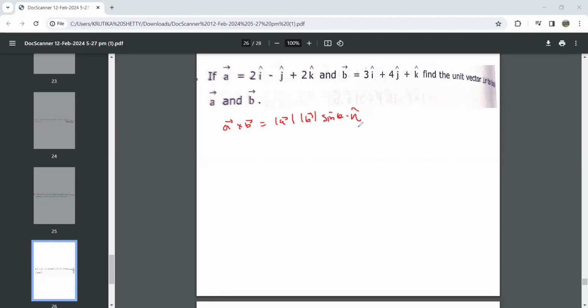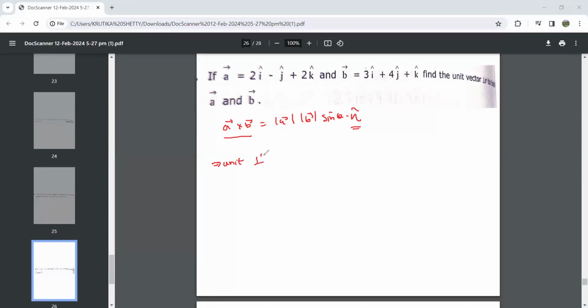This n cap is nothing but the unit vector which is perpendicular to both the vectors A and B. So here we are using the same formula.